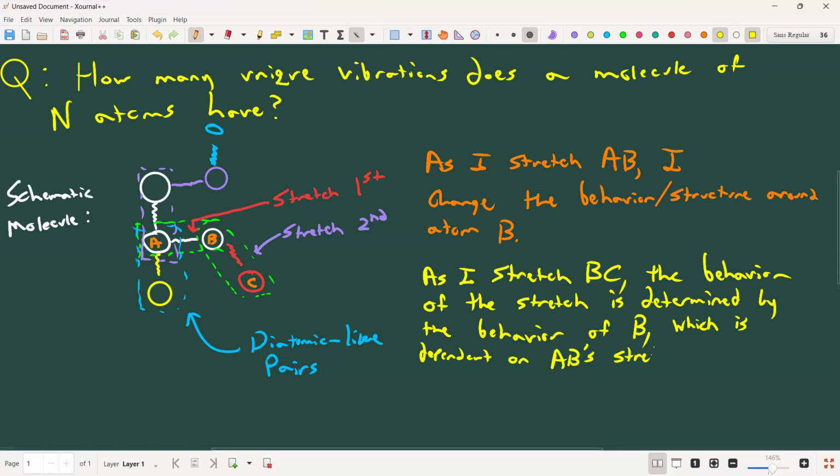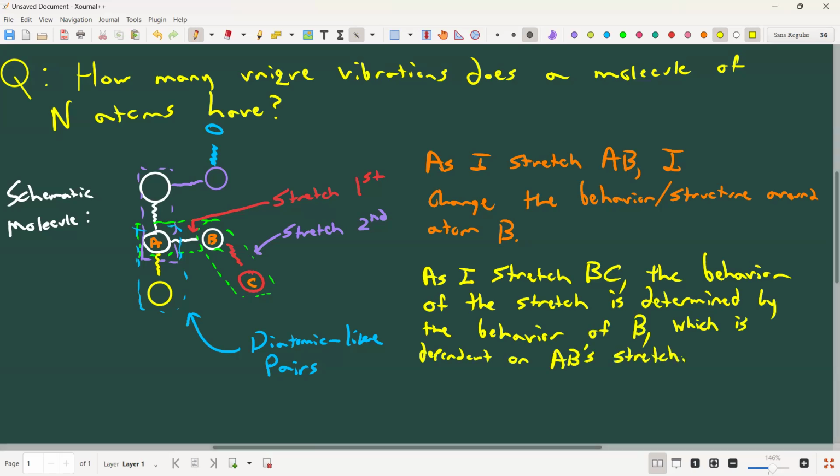So as I change one bond, it affects the other one. I don't know how much it affects it. I could certainly assume that they're completely unrelated to each other. Okay, that's a perfectly reasonable assumption for me to make. But you find out very quickly that it doesn't work.